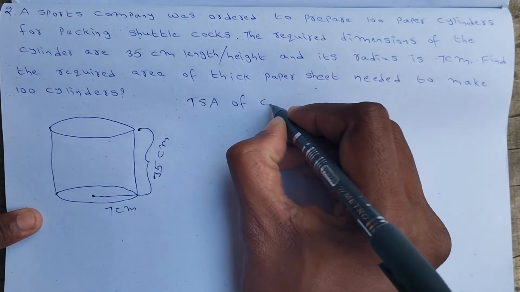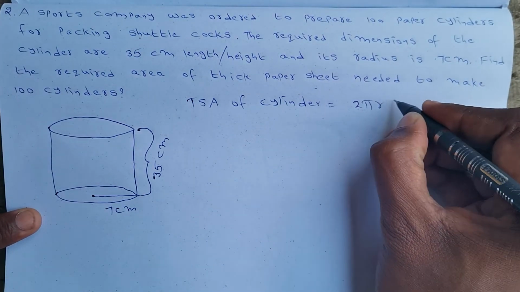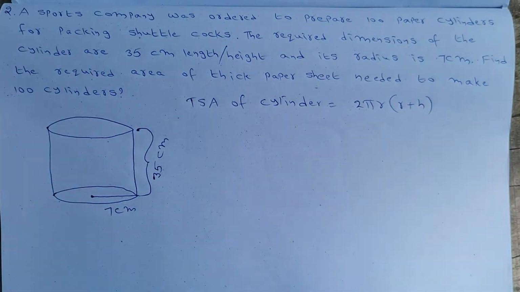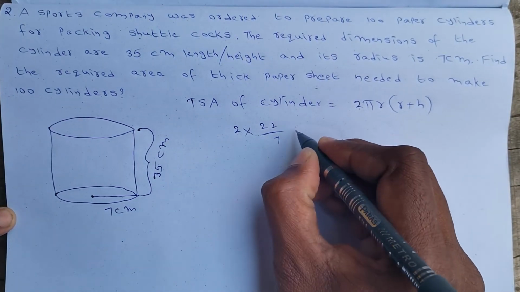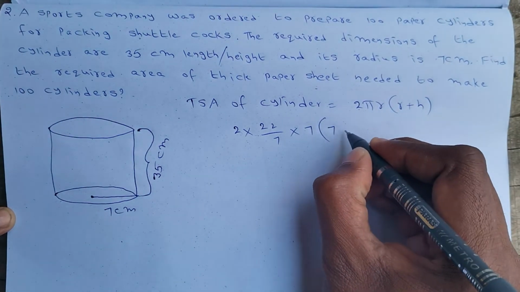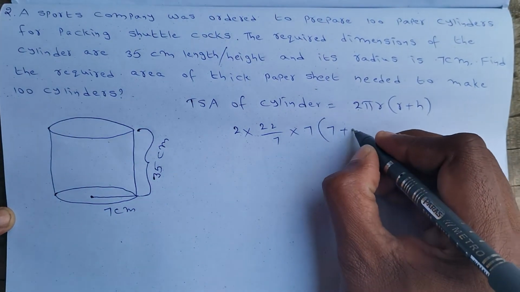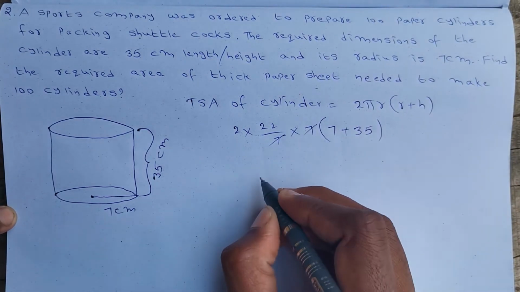TSA of cylinder is equals to 2 pi r into r plus h. So 2 into pi value is 22 by 7 into radius is given as 7 times radius 7 plus height of the cylinder or length of the cylinder is given as 35 centimeters. So here 7 will get cancelled.